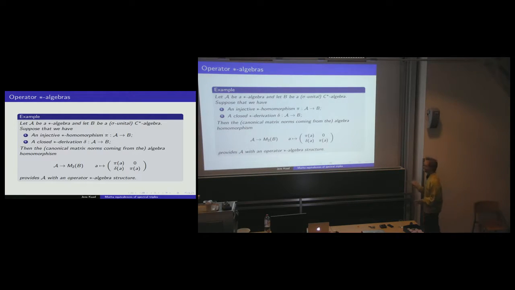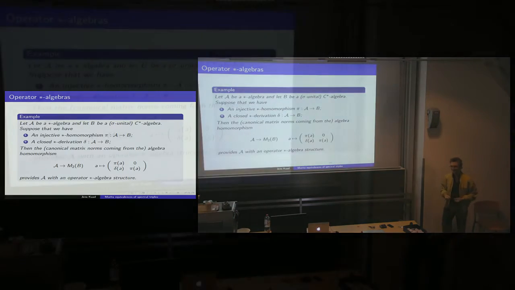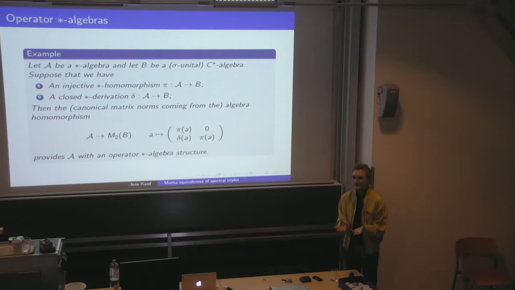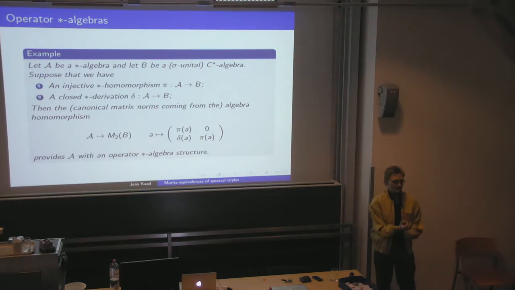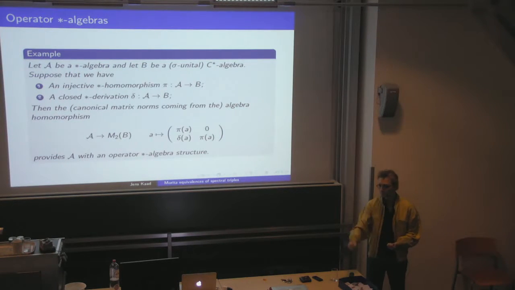And this implies that you really get an operator star algebra out of this. So you also have control over the involution on A. And the operator star algebra comes from the canonical matrix norms you have from the 2x2 matrices over B and this algebra homomorphism. So in particular, any spectral triple has a canonical operator star algebra associated to it. But this derivation is just a commutator with a Dirac operator.